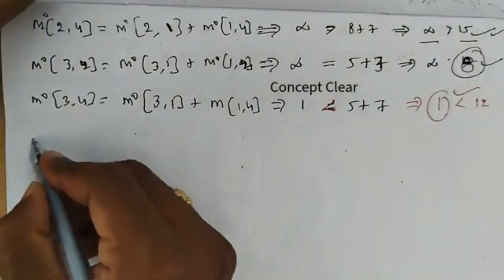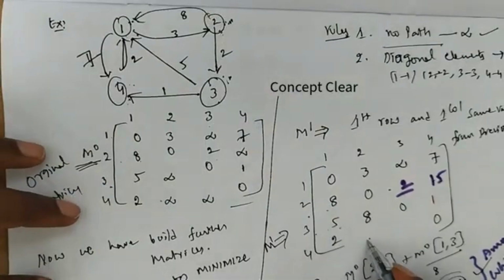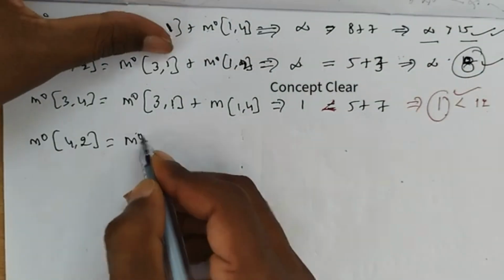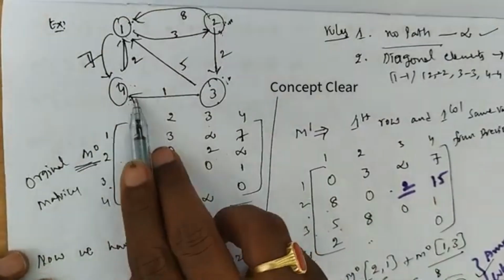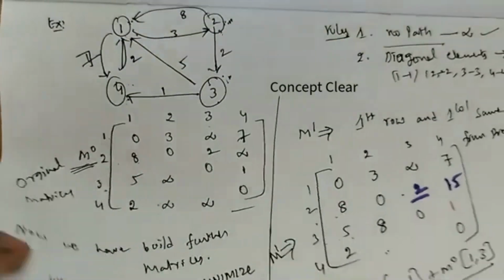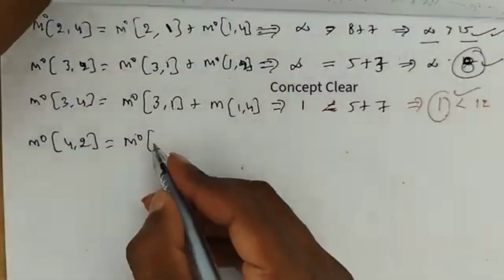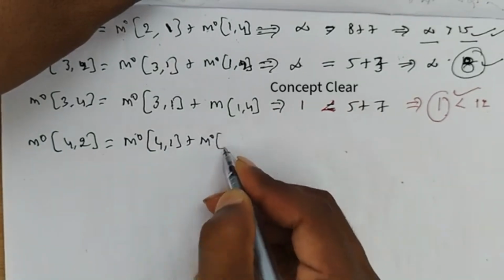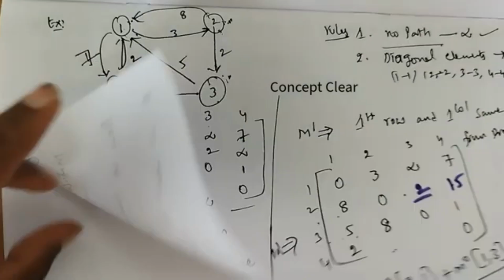Again, next, what do I have to find out? M naught of 3 comma 4 is completed. Next one, m naught of 4 comma 2. 4 comma 2 equals what? M naught of, see here in the graph, 4 comma 2 means I have to reach 4 comma 1 and 1 to 2. So 4 comma 1 plus m naught of 1 comma 2. Now we have to check m naught of 4 comma 2.